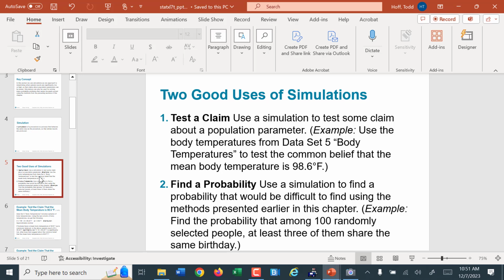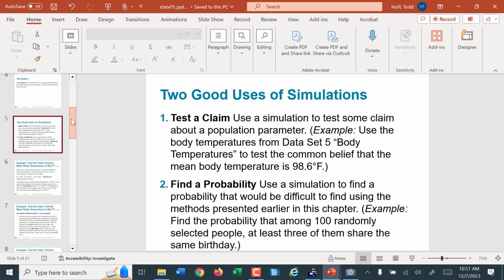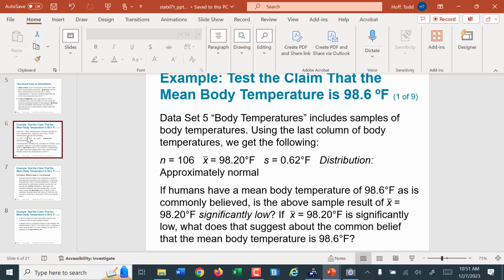Next, we can use a simulation to estimate a probability of a complex event. For a simple event, we have to know the probability before we could estimate it, so it doesn't make much sense there. But a complex event that requires multiple things to happen at the same time, that's where a simulation is useful for calculating probabilities.